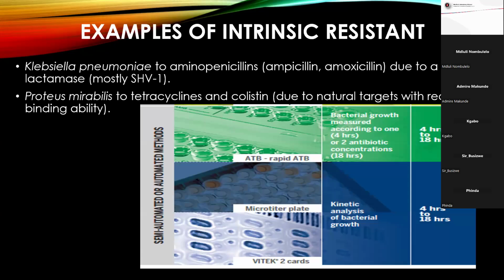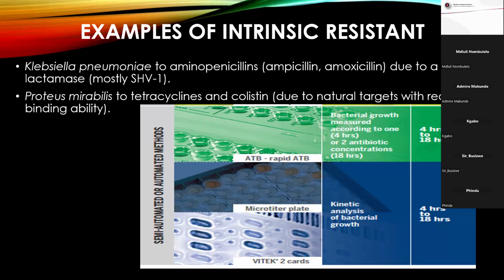In some labs, they are used as biochemical markers to say, in as much as you know resistance exists, you also need to know whether your identification is correct or not. Klebsiella is naturally resistant to ampicillin and amoxicillin due to the presence of the beta-lactamase enzyme, where the specific gene is SHV-1.